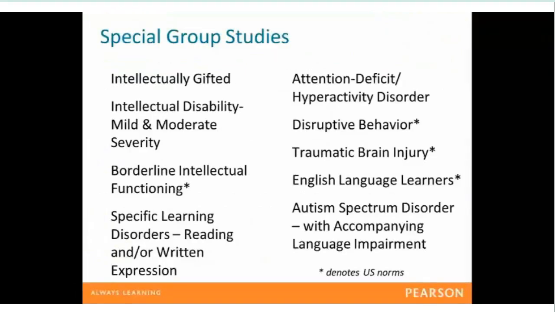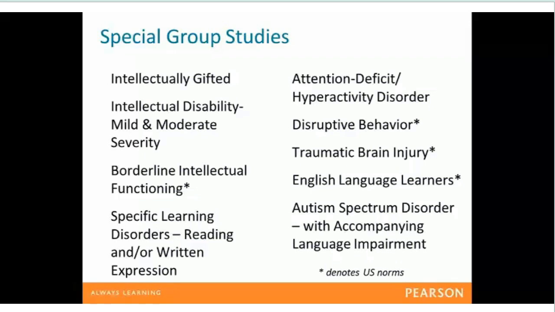In addition to collecting norms on the WISC-V, we've also collected information on special clinical groups of children. Some of these studies were done just in the US, and many in the US as well as Australia and New Zealand. All of these studies, including those with children who had traumatic brain injury, who are on the autism spectrum, or, for example, who are still in the process of learning English, can be found in both the WISC-V Technical and Interpretive Manual and the WISC-V Administration Manual, both of which come as part of the kit.